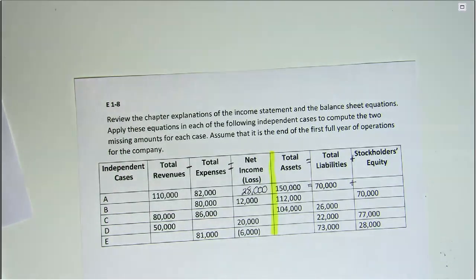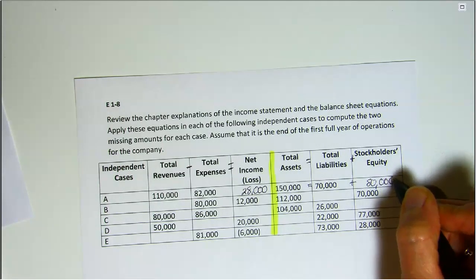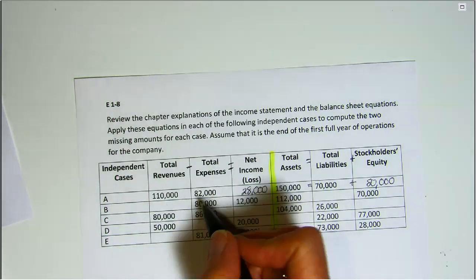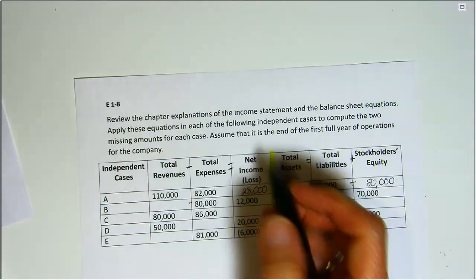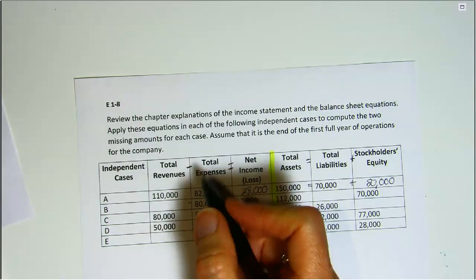So we subtracted to find this answer, to find the missing one. In independent case B, they do not give us total revenues. But if we know that something minus 80 equals 12, we can add backwards and get 92.